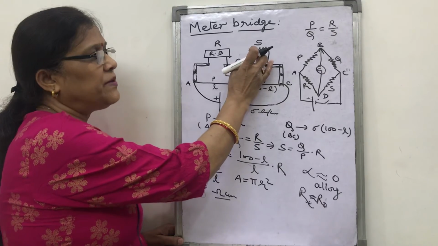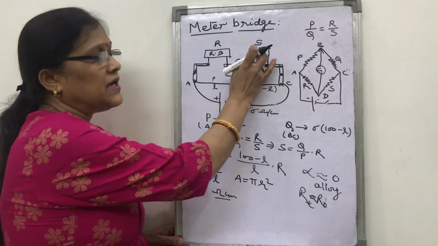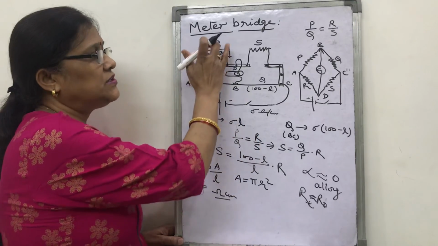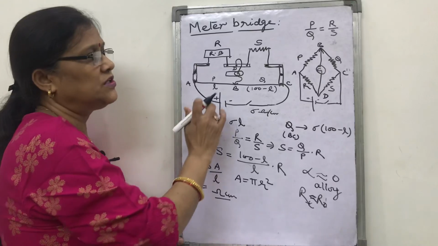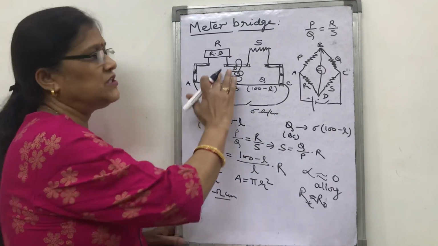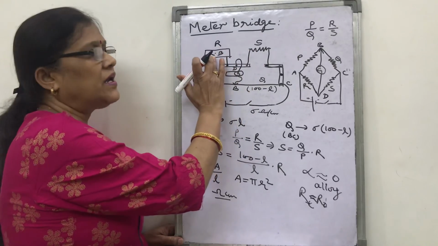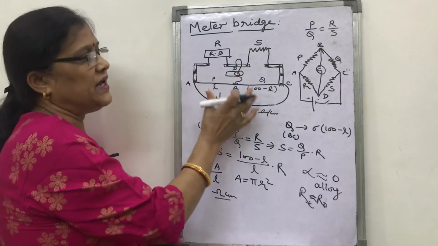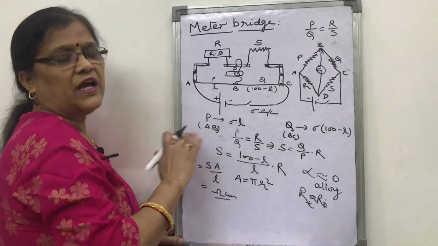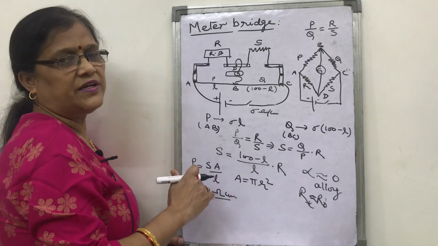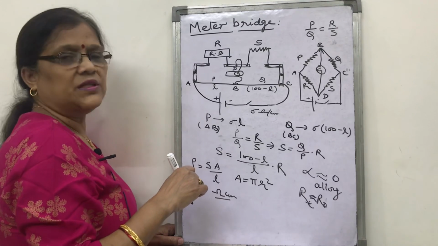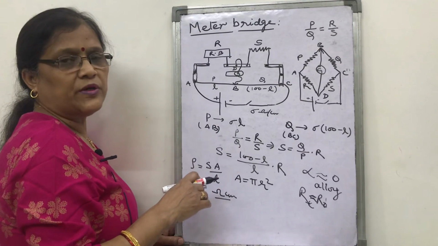First you take the readings when you keep S here, and after using various resistances from the resistance box, you get the value of S. Then exchange the positions, that is, S in place of R and R in place of S. By exchanging the positions of R and S, you again find the value of S, and the average S is calculated, which is supposed to be the most accurate one. In this way you have to perform the meter bridge experiment.